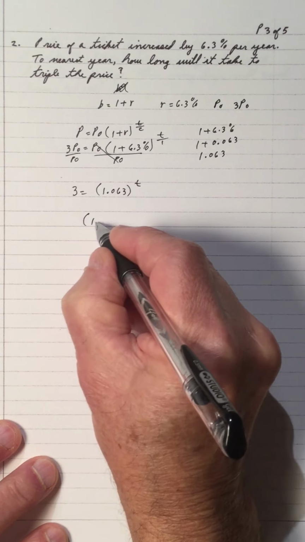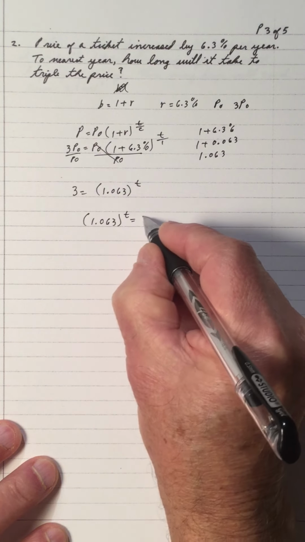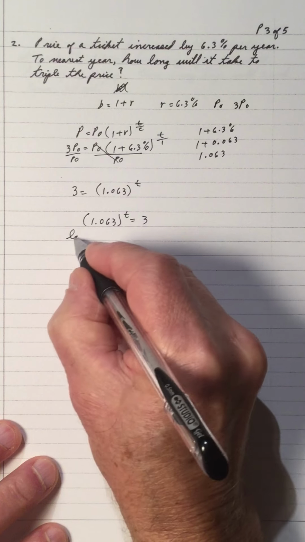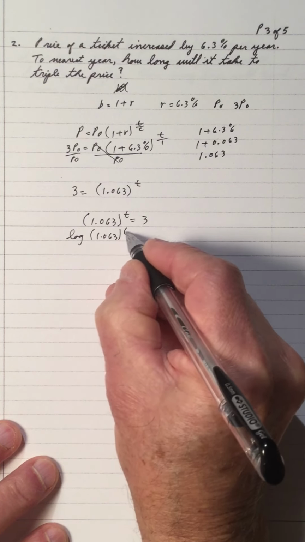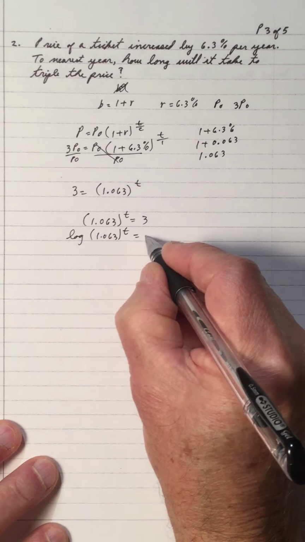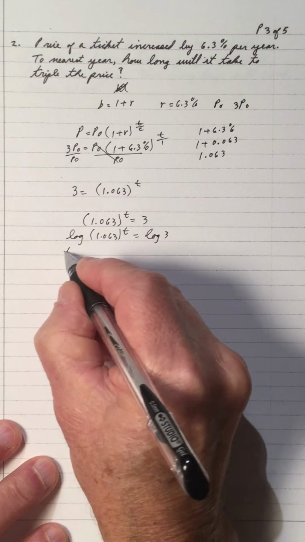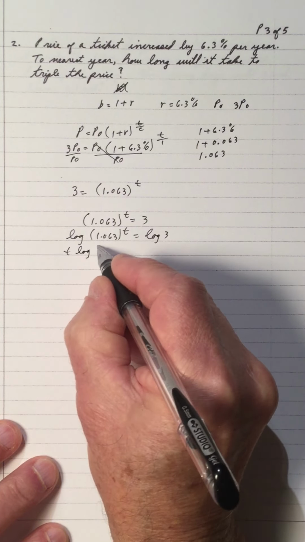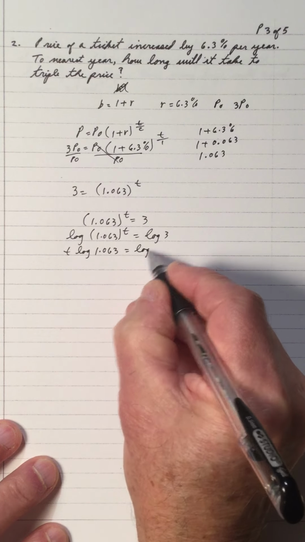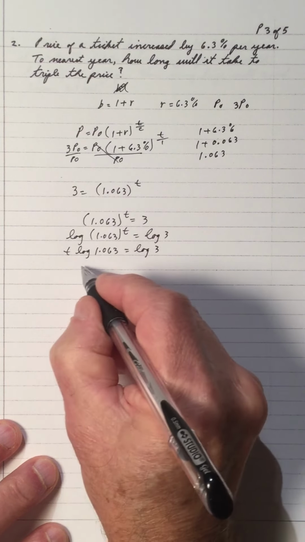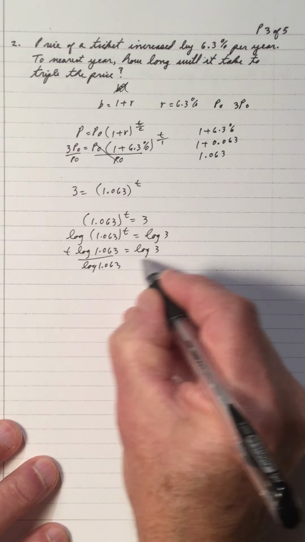Again, I like to have my exponential on the left and my number on the right. So I'll do the log of each side. And the power goes in front, T, power rule. And so we divide each side by the log of 1.063.